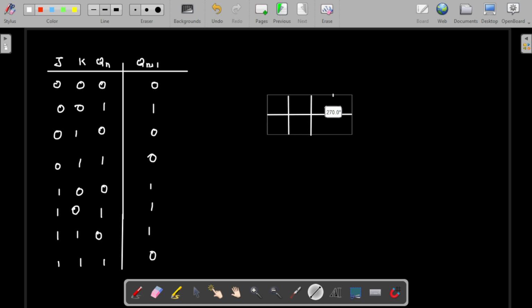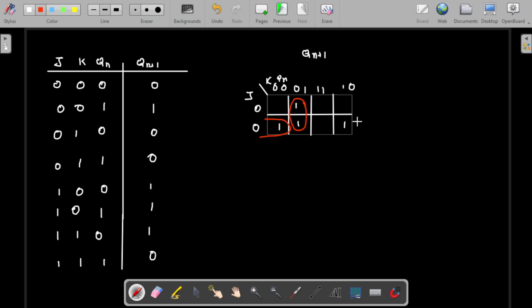So this is simple. It is just the truth table to K-map mapping. So here J, K, Qn. So this K-map is for finding Qn plus 1. So it is 0 0, 0 1, 1 1, 1 0, right? So it will be 1 1 1 1, right? 4 ones are mapped. So how this can be mapped is like this, right? Okay.